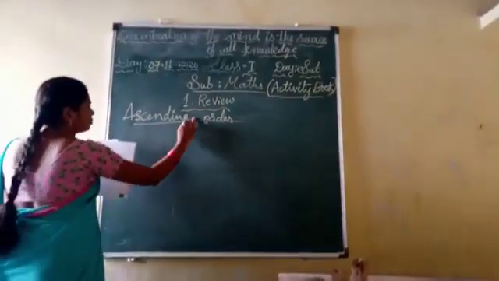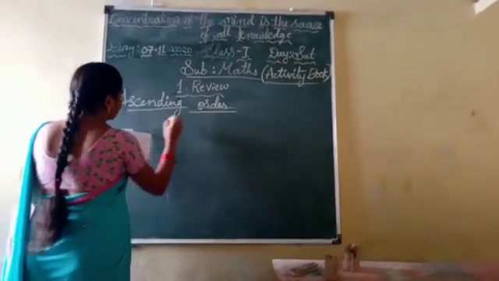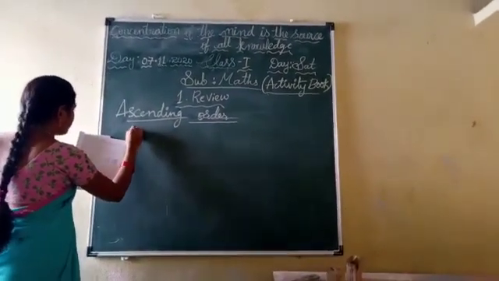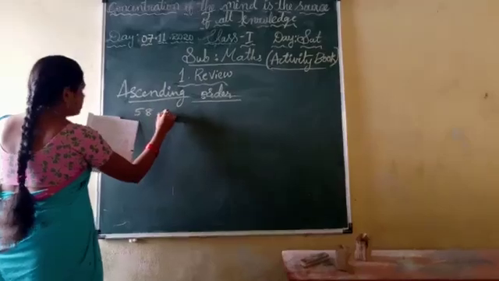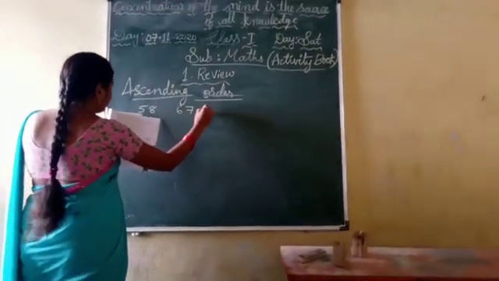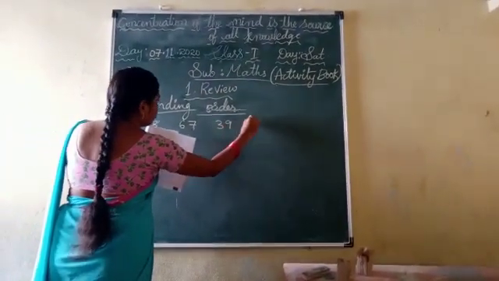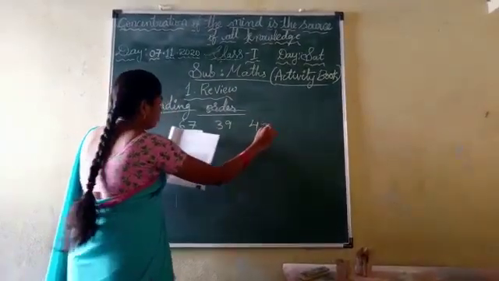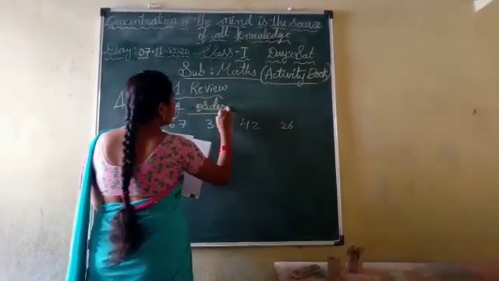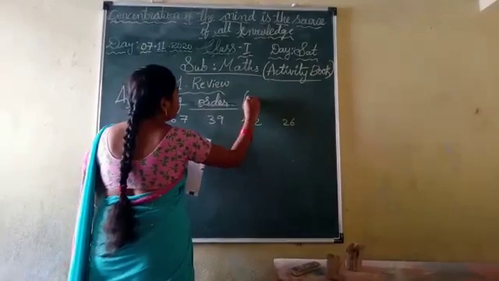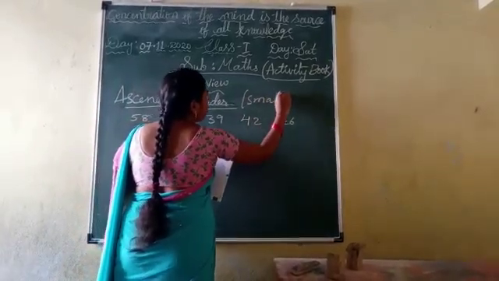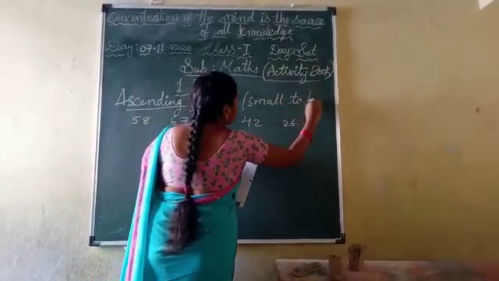First one: 58, 67, 39, 42, 26. Ascending order means what? Small number to big number. Ascending order means small to big.